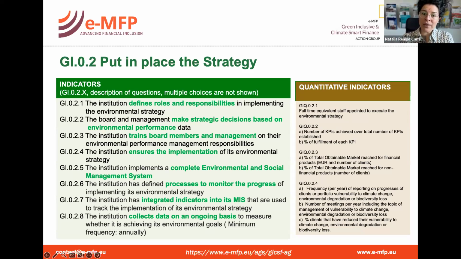And then how are you doing this with the quantitative indicators? So seeing if they have dedicated staff, the KPIs that have been achieved, the percentage of fulfillment of each KPI, if there is an awareness of the total obtainable market that can be reached with the financial products, the frequency of the reporting, the number of meetings, the percentage of clients that have reduced their vulnerability to climate change, environmental degradation, or biodiversity loss.